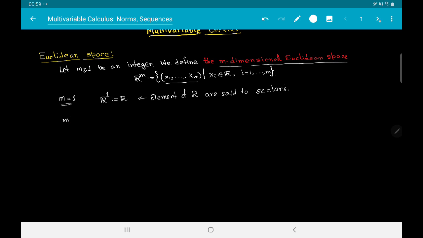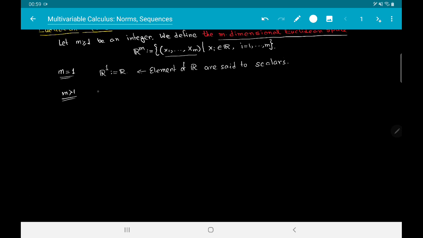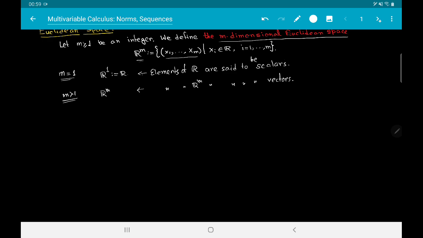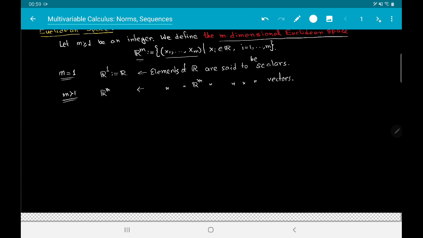And if we look at cases where m is strictly bigger than 1, then we have Rm defined just above, and here the elements of Rm are said to be vectors. So scalars and vectors, you have come across these notions in physics, but let us see what these things mean in calculus.